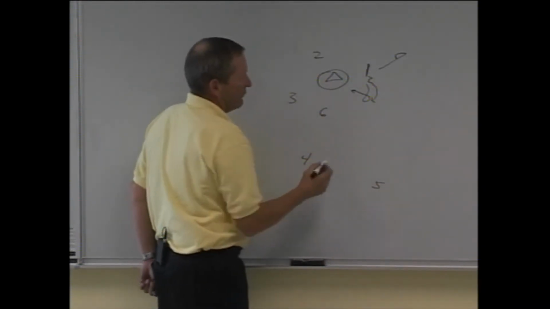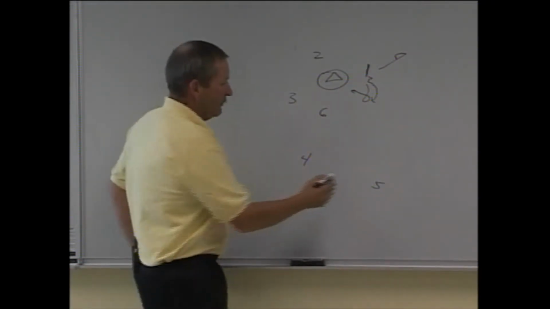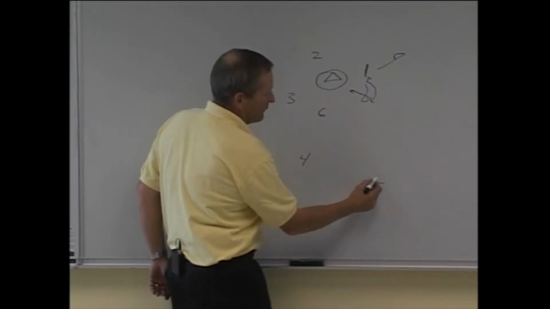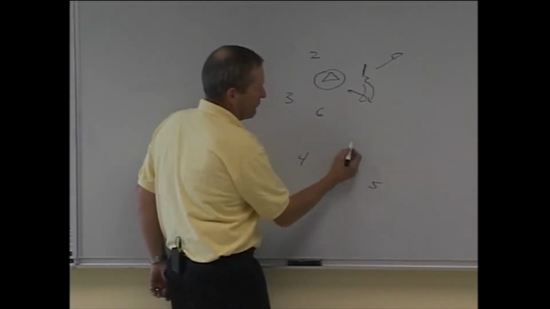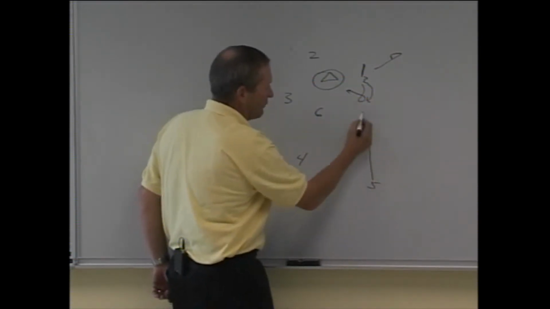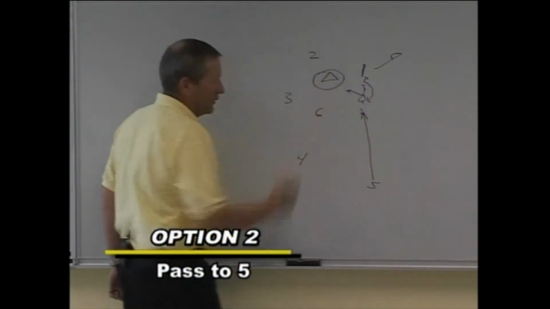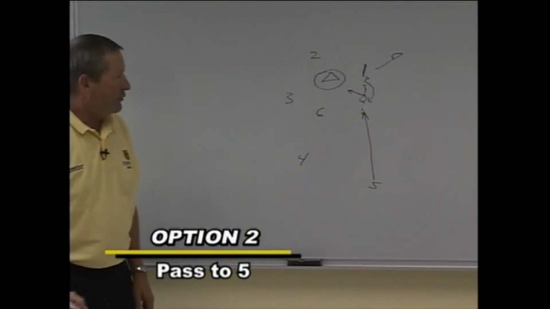And he has that option. His second option, of course, is always to keep his eyes up and see. 5 now, depending on what his man is doing, if 5's man is cheating down in this area and can't help slide or is not looking, 5 can make a very nice cut here, and 1 can pass him the ball for a nice shot. That's a second option.